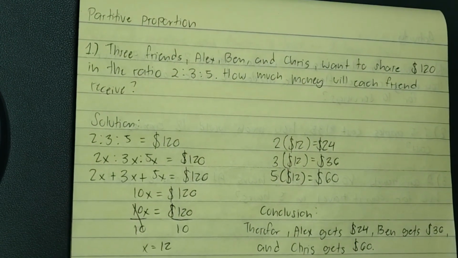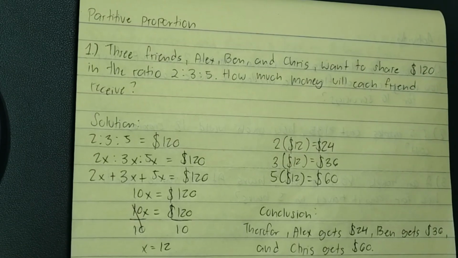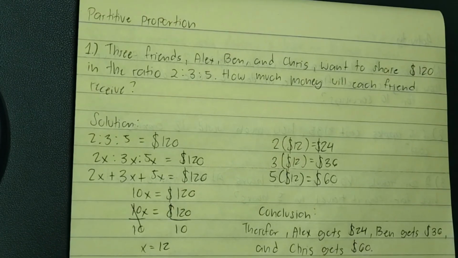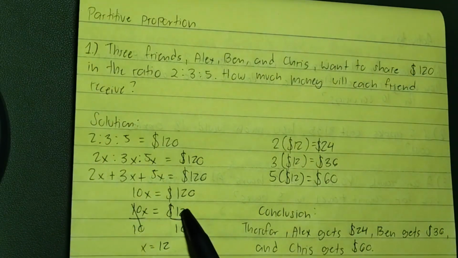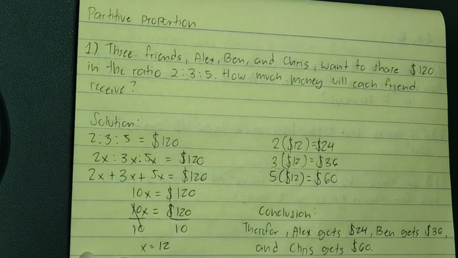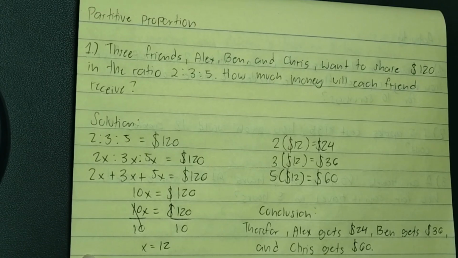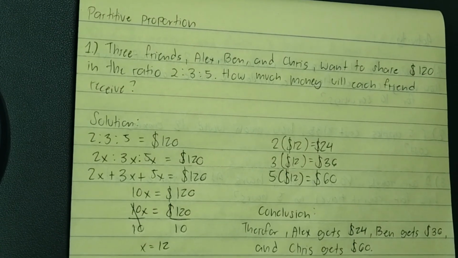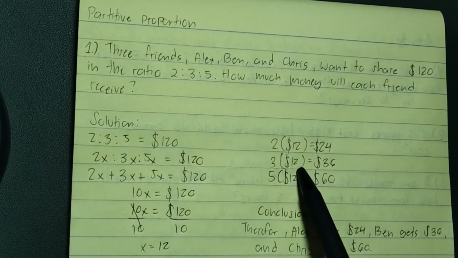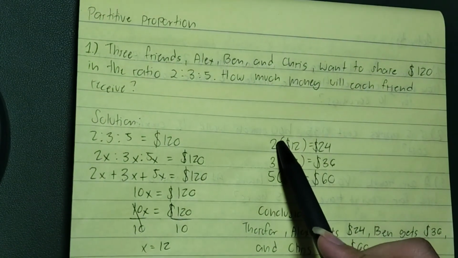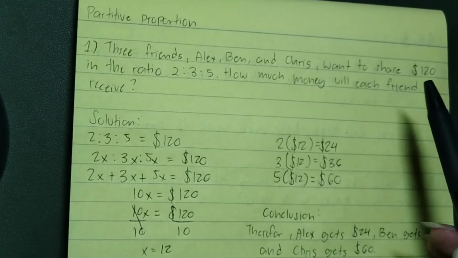And then solving for x, to isolate x, we divide both sides by 10. That would leave us with $120 divided by 10, so x equals 12. And then for calculating each share, we should multiply 12 by the given ratio, which is 2:3:5.